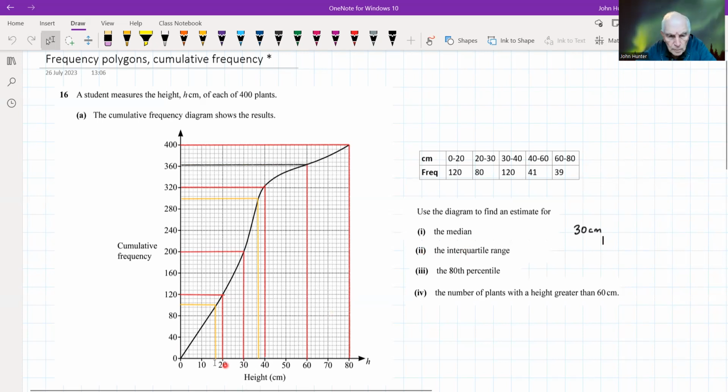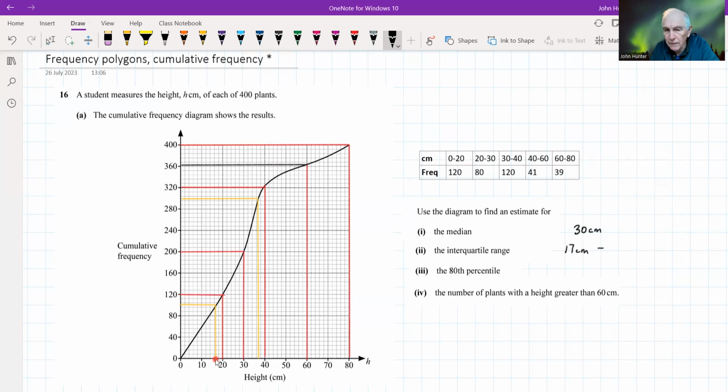So the lower quartile out of 400, that would be 100. So if we look at that across the graph and down, that's going to give us a figure of something like, that looks like about 17 centimeters, doesn't it?